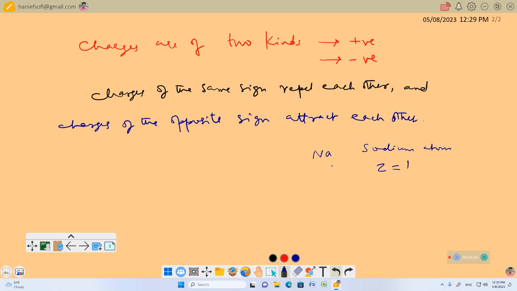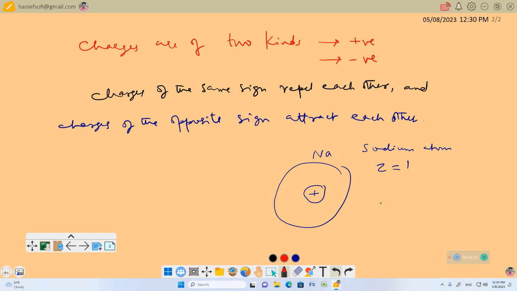Remember, the charge on the electron is the same in magnitude as that of the proton, but it is negative. So in this atom, there is a positive charge in the nucleus and there is the extra nuclear part. Now this nucleus contains 11 protons.